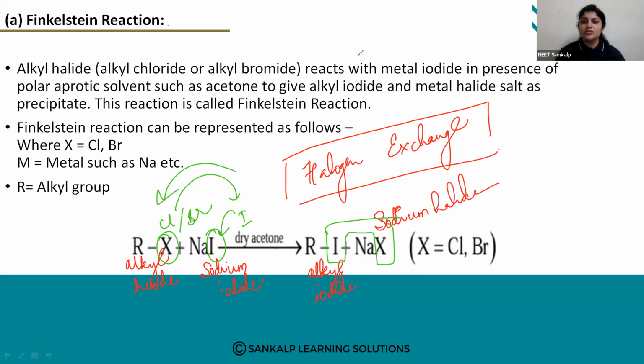I'm not going to teach all the name reactions, only whichever is important, because we need to do MCQs more. So I'm going to stress on the main name reactions. If you want me to do any specific name reaction, you can tell me, and I'll do that also. If you have not understood, let me know and I'll explain once again. Is it clear till here?